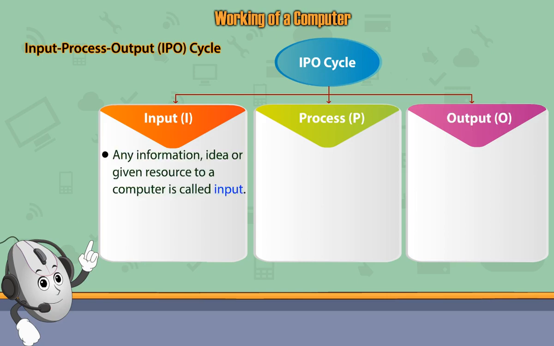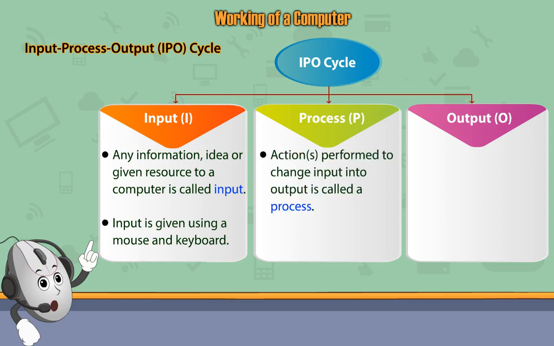Input I. Any information, idea or resource given to a computer is called input. Input is given using a mouse and keyboard. Process P. Actions performed to change input into output are called a process.